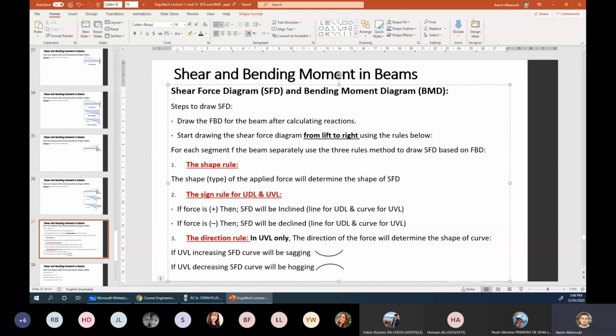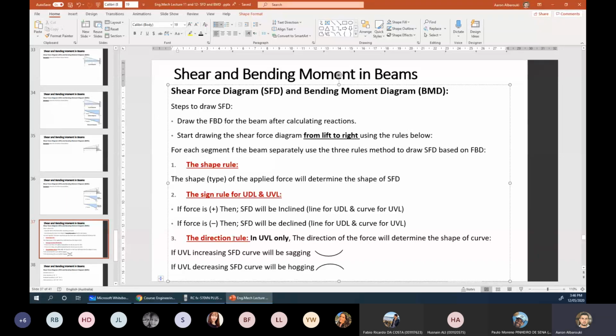If the force is positive, that means this is going up, acting upward, like wind pressure. Negative, I don't want to call it negative, suction wind pressure. If we have that case, that means the force is positive. That means the curve or the line I'm producing should be inclining rather than declining.